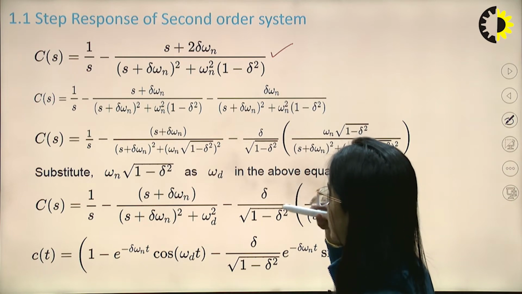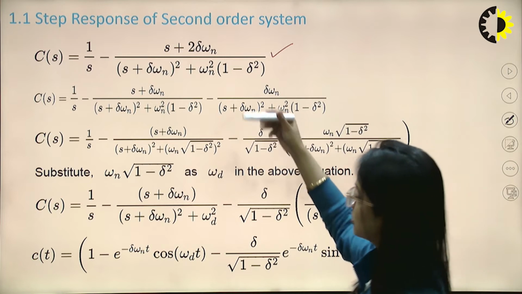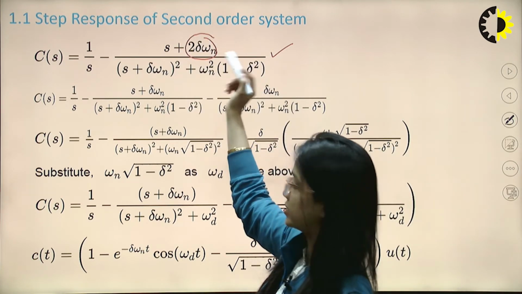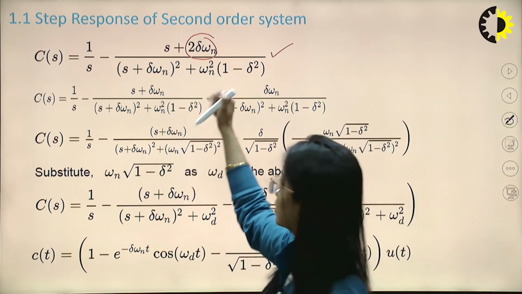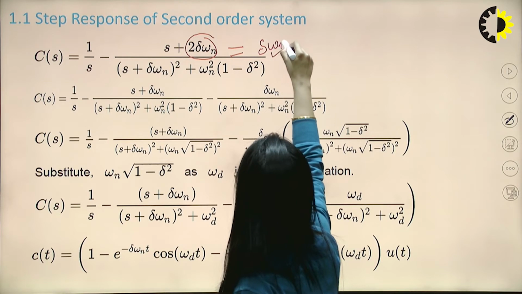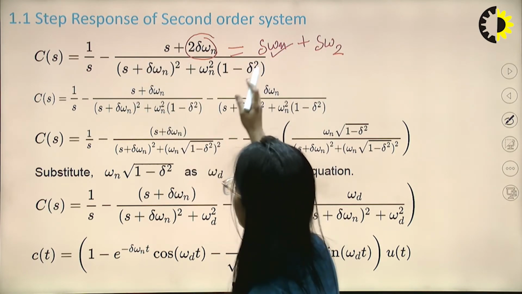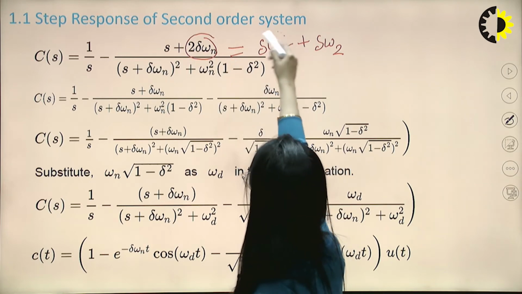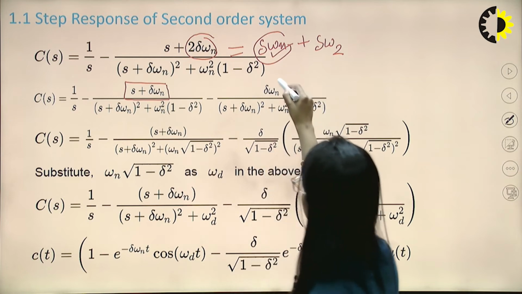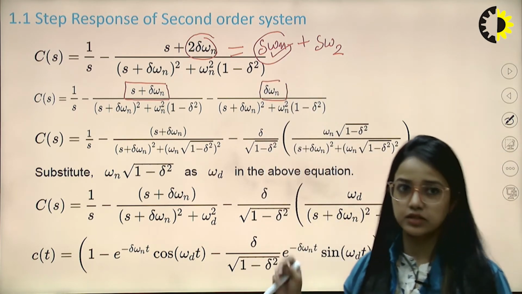What we are doing next is separating the terms of 2 zeta omega n. It is equivalent to zeta omega n plus zeta omega n. So we are taking two terms out of this: one zeta omega n goes with s, and another zeta omega n forms a new term. Okay, so this is the first step.